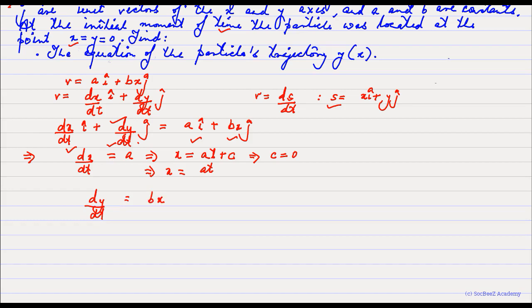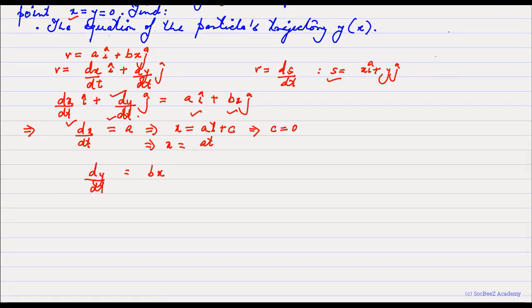Okay, now if I compare the coefficient of j cap, I'll get dy by dt equals bx, right? Now if I put in x equals at, I'll get dy by dt equals b into x, which can be written as at, right? So this can be written as dy equals b at into dt.